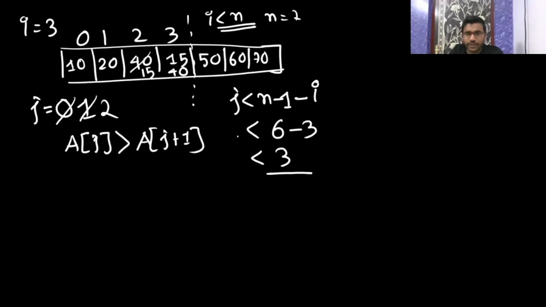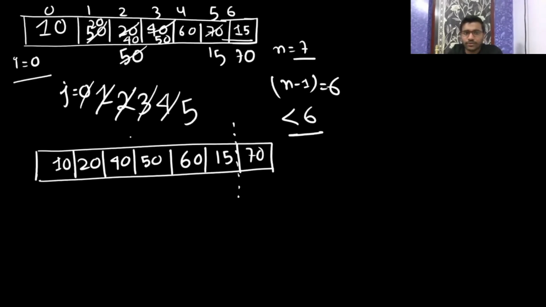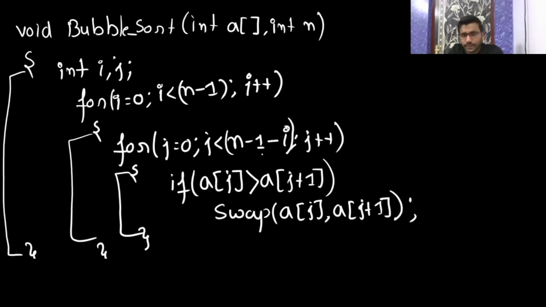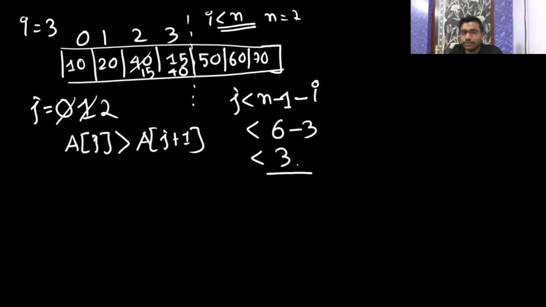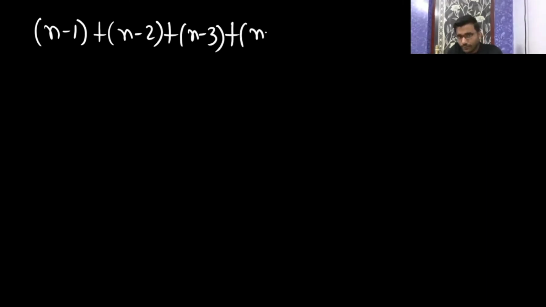See, if we analyze this, whatever times the inner loop is going to run, that is going to determine the time complexity. So first the inner loop is going to run till n minus 1. Then again it is going to run n minus 2, then n minus 3, then n minus 4, it is getting reduced till it is going to go till 1. So every time it is going to run in this way.